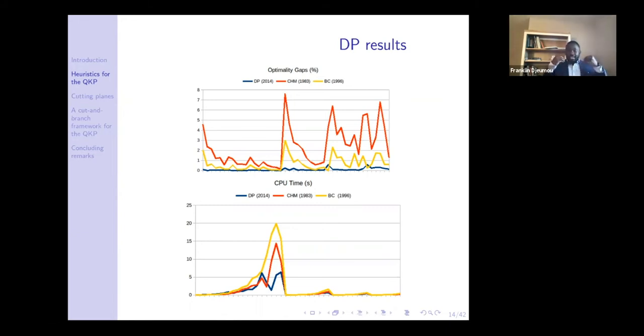So he came up with instances that could challenge all the existing algorithms and showed that these should be used as benchmark instances for the quadratic knapsack problem. But unfortunately, our paper was already published at the time, so we could not reassess things later on.